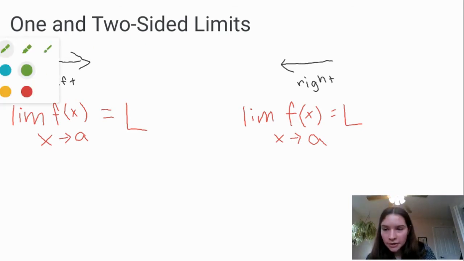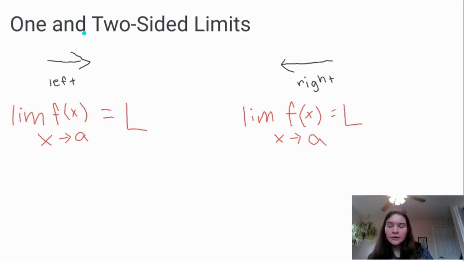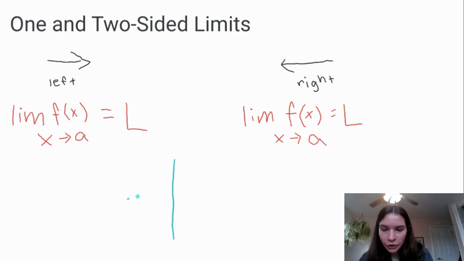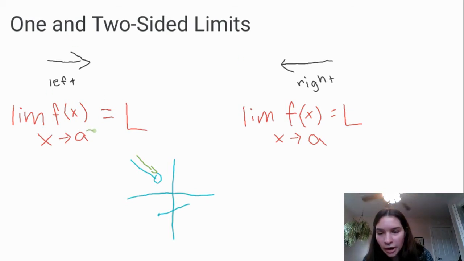So let's start by talking about left-hand limits. With a left-hand limit, you're looking at the graph and you're seeing where it's coming from the left side. So what is that value approaching? And to indicate this in your notation, you're going to put a minus above your x value.